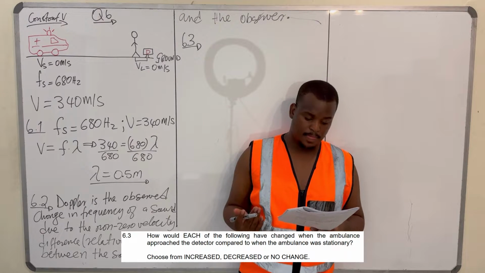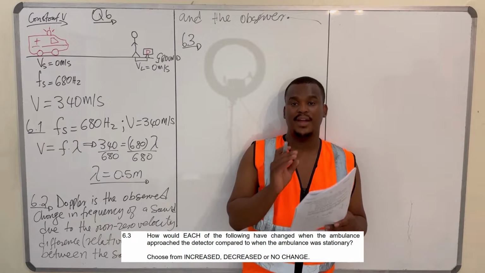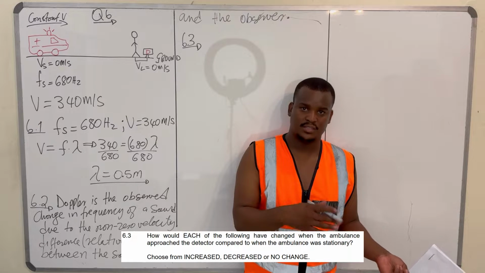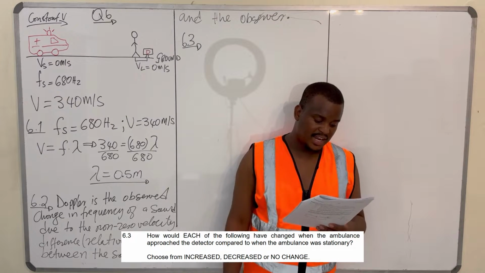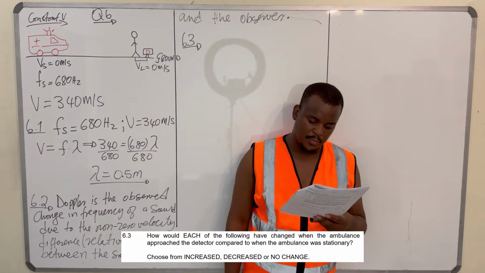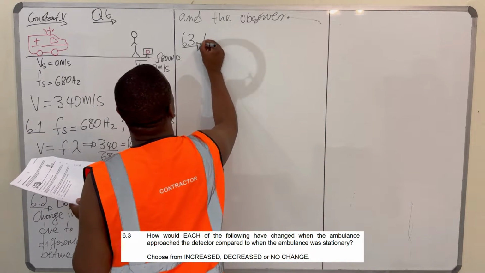So they're asking some questions here, and they want to compare them to the previous ones when the ambulance was stationary, right? So 6.3.1.